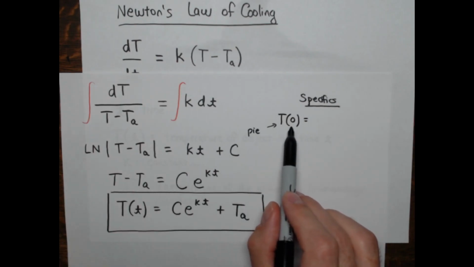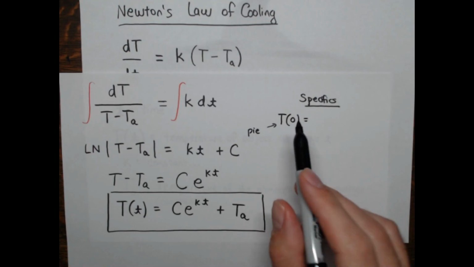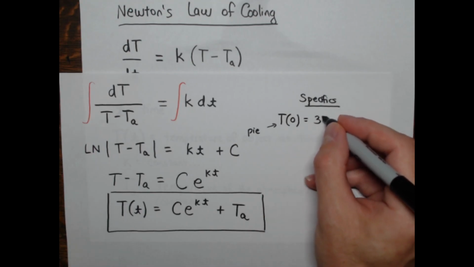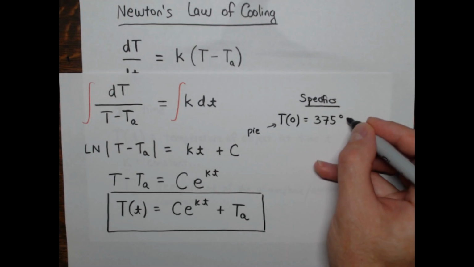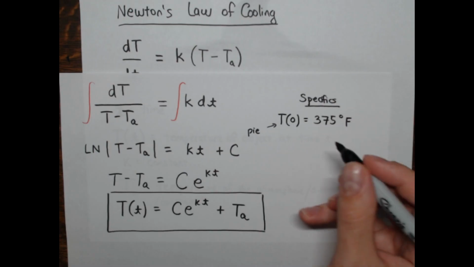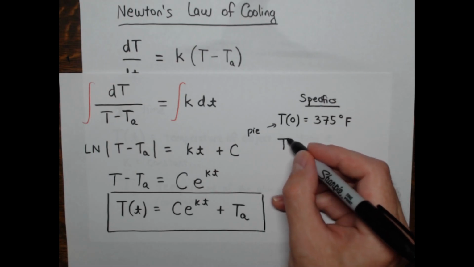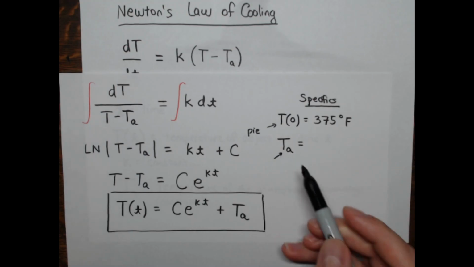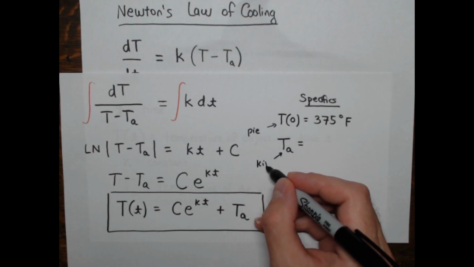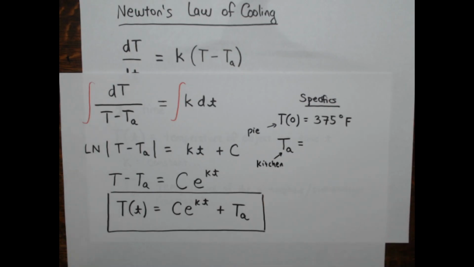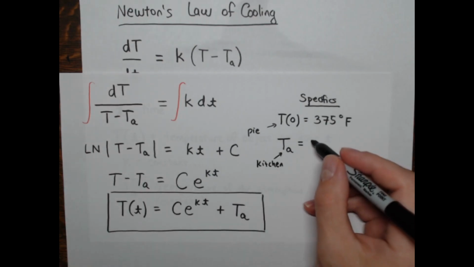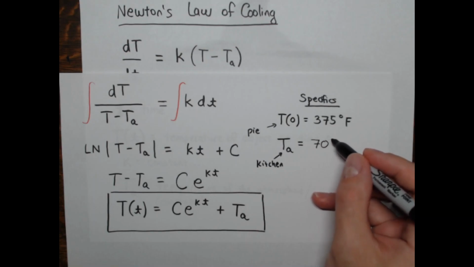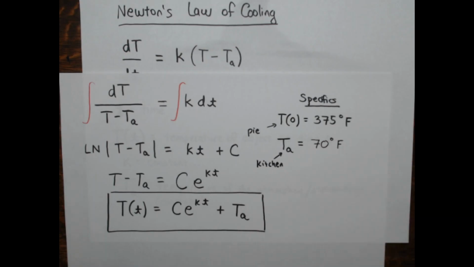So the temperature of the pie, when we initially pull it out of the oven, is 375 degrees Fahrenheit. We were also told the temperature of the atmosphere, the temperature of the kitchen, the area surrounding the pie. They told us that this was 70 degrees Fahrenheit.